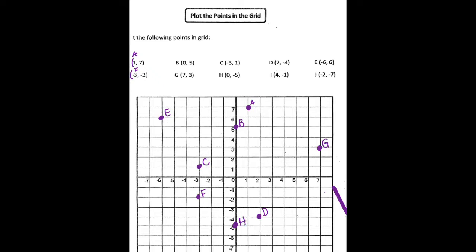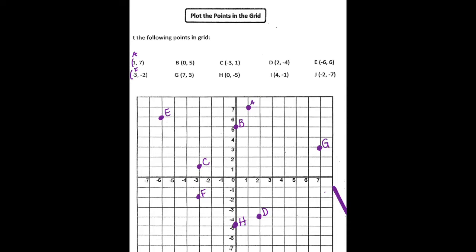And one thing that we need to remember is if you have points that are on an axis, they are not considered within a certain quadrant. So for point B, that is on the y-axis. Point H is also on the y-axis. They are not in a quadrant. We can look at point G, that's in quadrant 1. We can look at point C, that is quadrant 2.